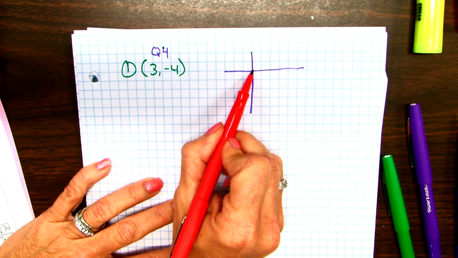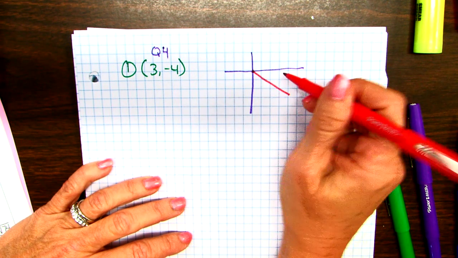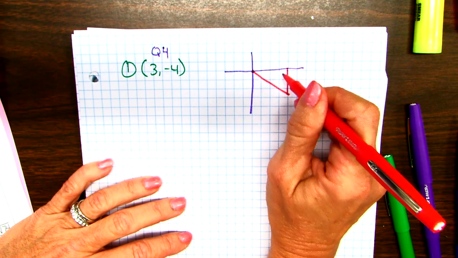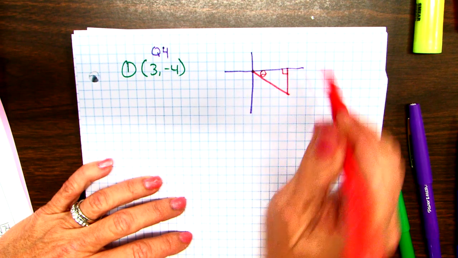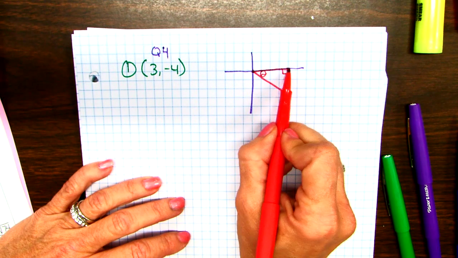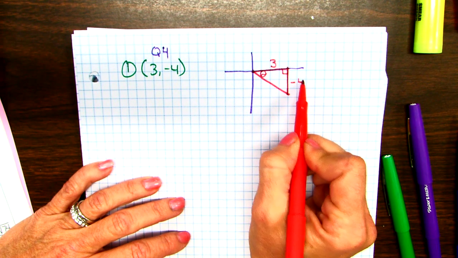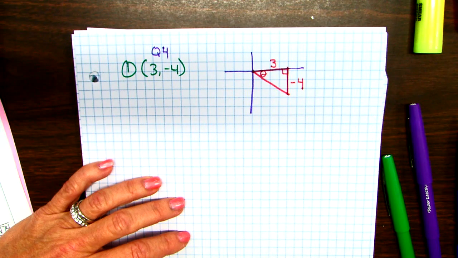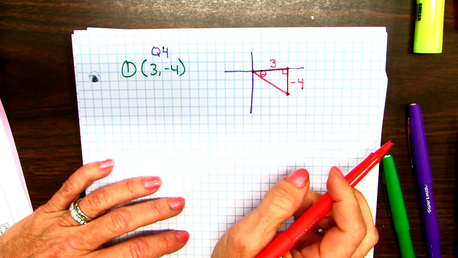Start at the origin, draw your hypotenuse or radius out into the middle, make your right angle with the x-axis, theta at the origin. How did we get there? We went to the right 3 and down 4. That's how we got to this point. Not drawn to scale, obviously.